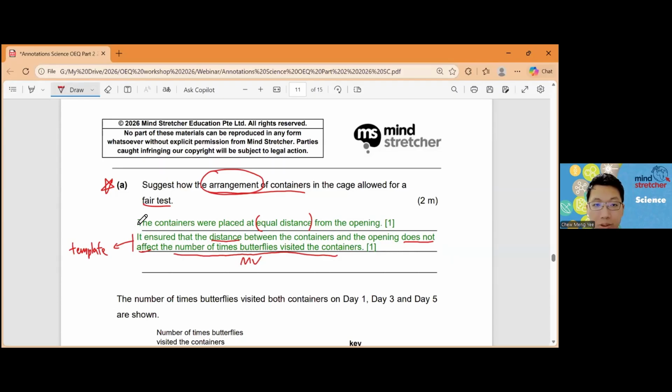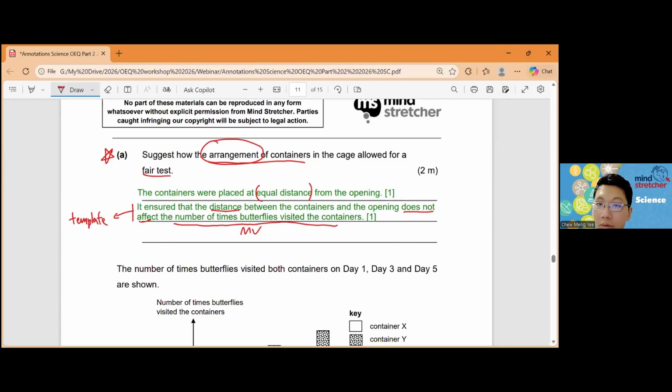So this part here, follow the template. Walk in the middle. But you must walk to something, otherwise the experiment fails.